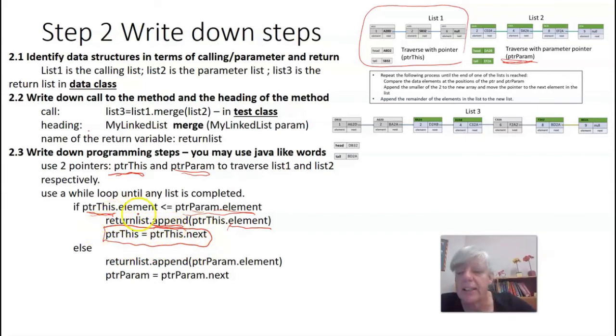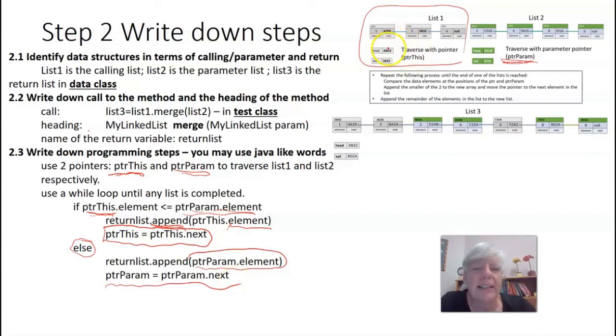So if pointer this is smaller than the parameter, do this. Else, what does the else mean? It means it is bigger than that element. So what do I want to do? I want to append the parameter pointer's element to the list, and I want to advance the parameter pointer. So I have two pointers.